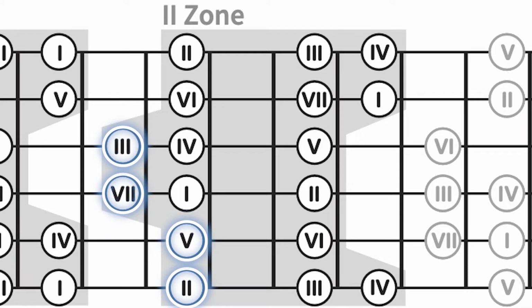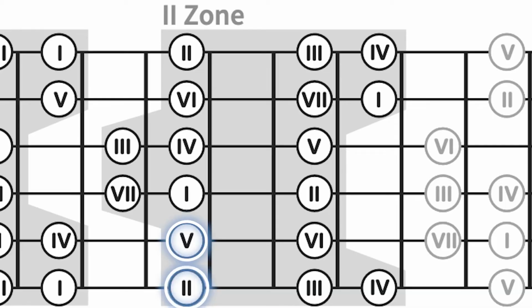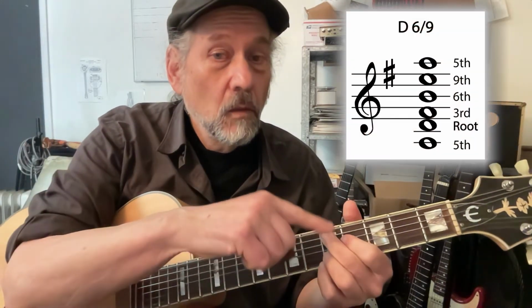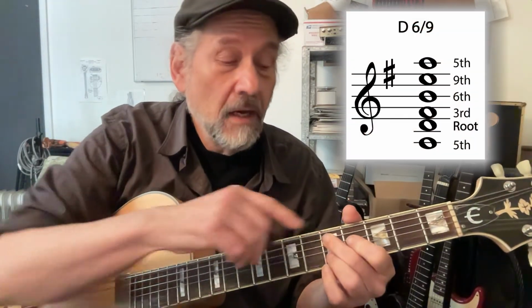We go up a fourth to 6, 6, 7, 1, 2. So we've got 2, 5, 7, 3, 6, 2. And that gives us a 6/9 chord rooted on the 5.